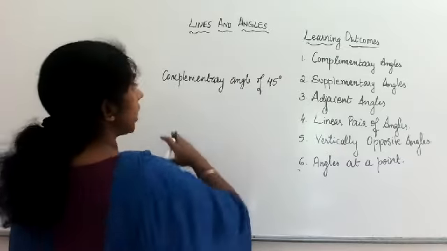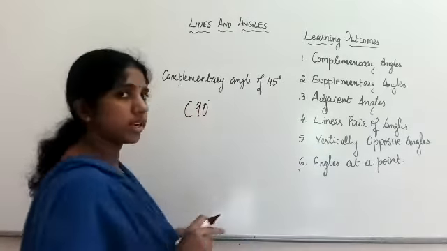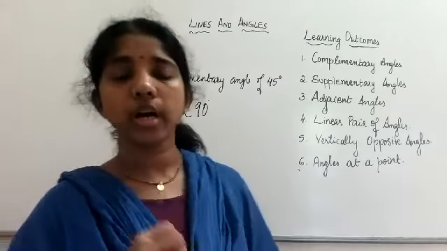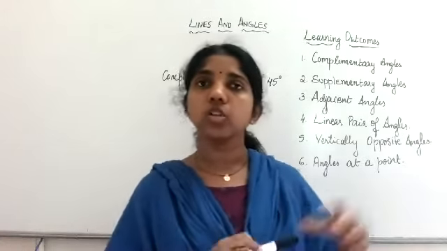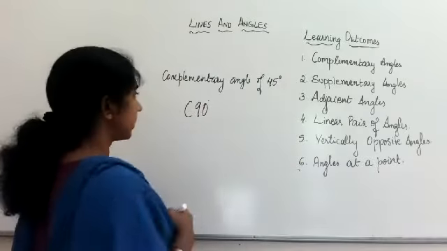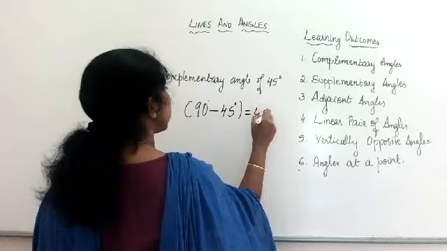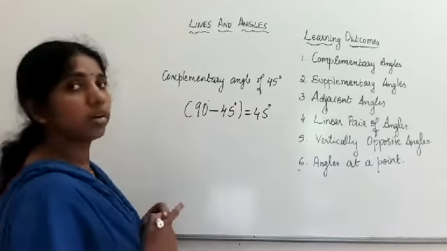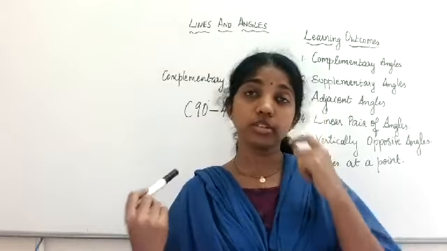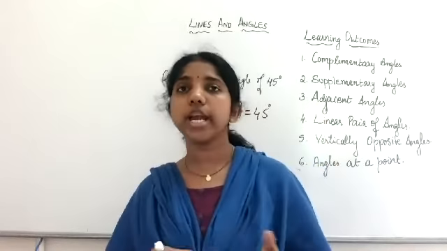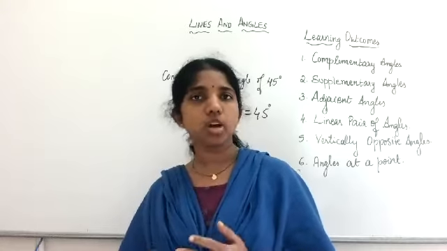One of the angles is 45 degree, so which other angle will you pick? 90 minus 45, that is 45 degree itself. So the complementary angle of 45 degree is 45 degree itself. Only in this case are the complementary angles equal to each other. In all other cases, the complementary angle will be different.